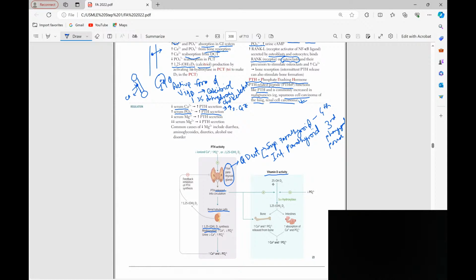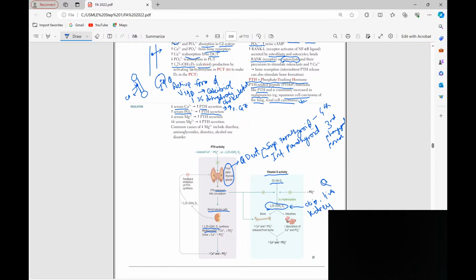So it's in the form of 25 hydroxycholecalciferol. Then you don't need this enzyme, and then the active form is formed, which will act on bone. Also, it has been asked where it is formed: in skin, in liver, in kidney. The mechanism of activation of vitamin D is also necessary.